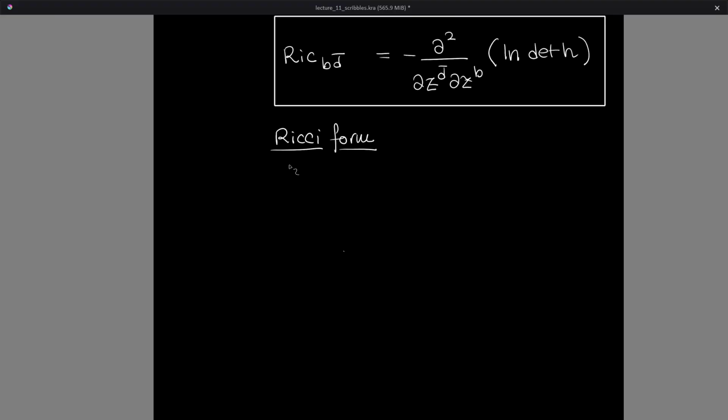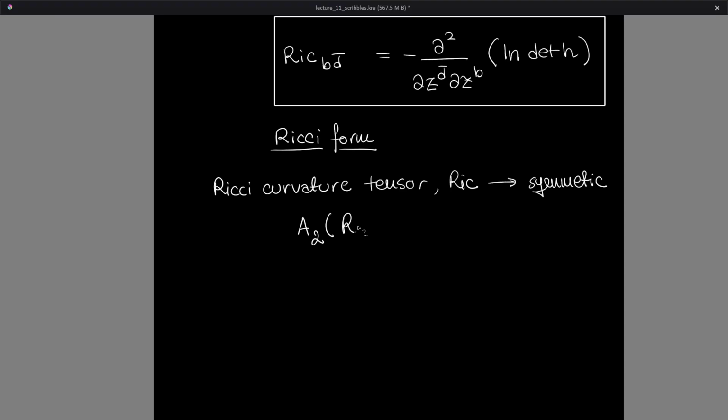But the problem is that the Ricci curvature tensor, Ric, is symmetric. So the common construction of a form which requires the alternating map would just give us 0. A2 of Ric is 0.